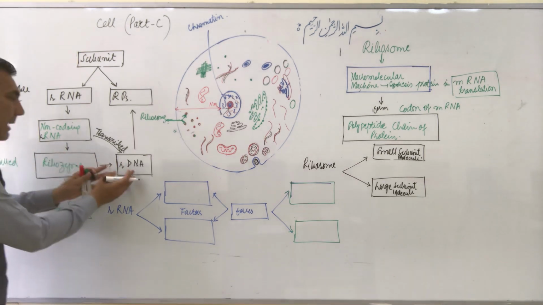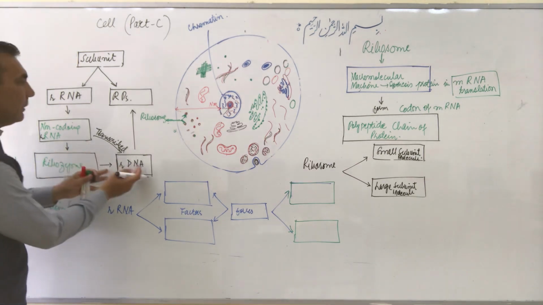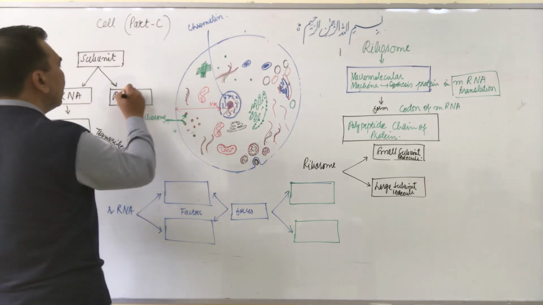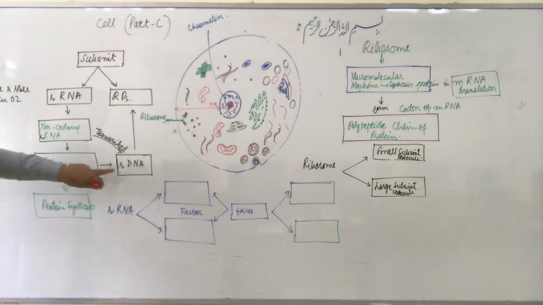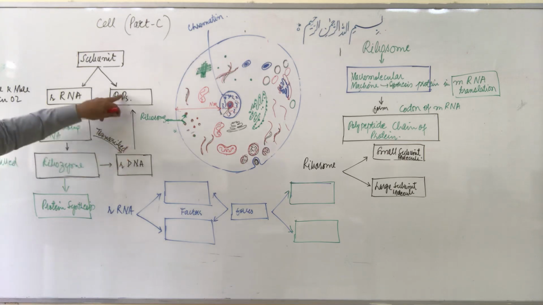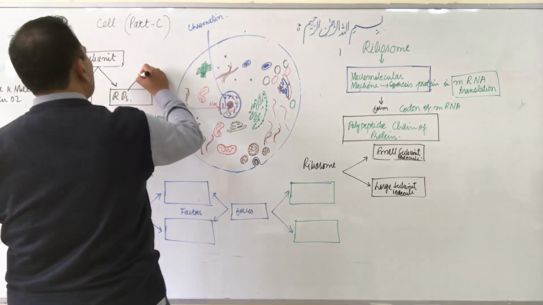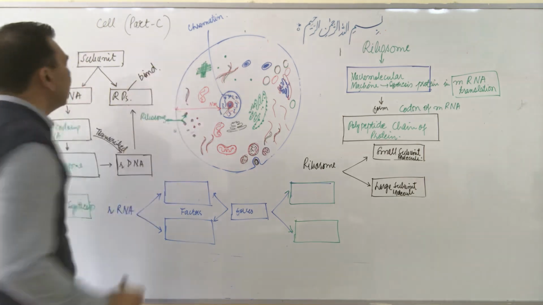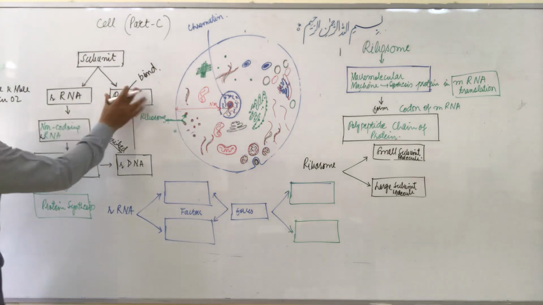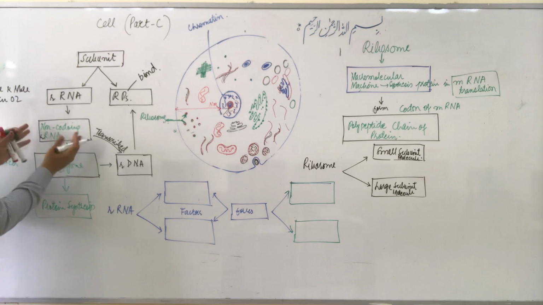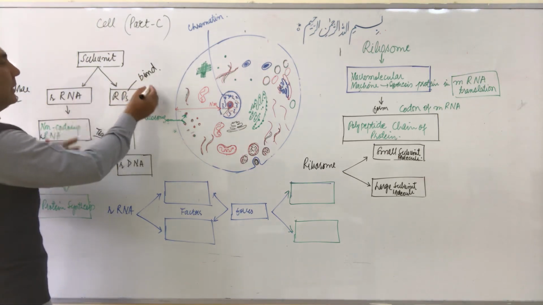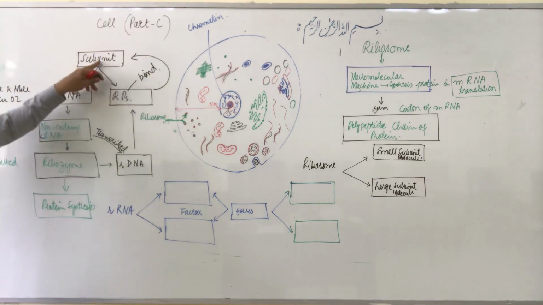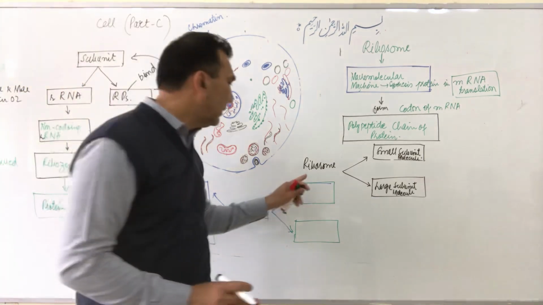When it is transcribed from the ribosomal DNA, it binds with the ribosomal protein. When the ribosomal RNA binds with the ribosomal protein, it makes the subunits of the ribosomes.